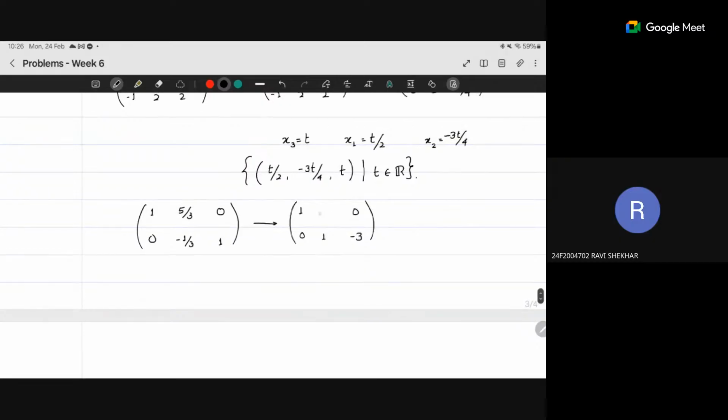Is the first column and third column independent? Sorry, dependent. Well, you'll get the same answer, because you will have nullity 1.